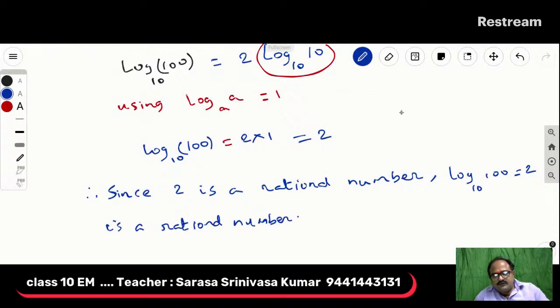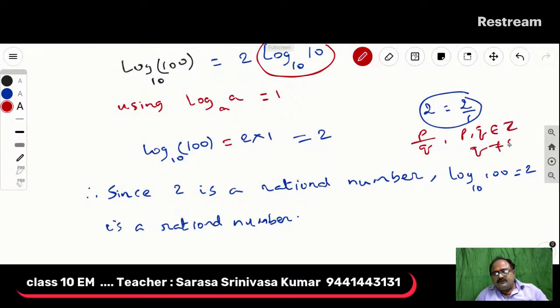Why is 2 a rational number? 2 can be written as 2 by 1. So this is in the form of P by Q, where P and Q are integers and Q is not equal to 0. This is the definition of a rational number.